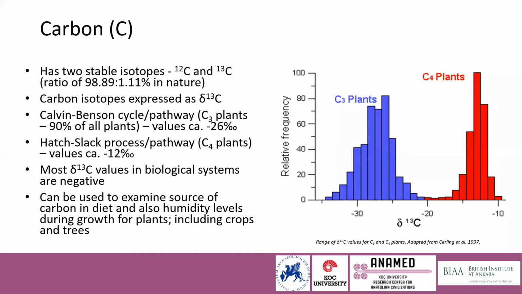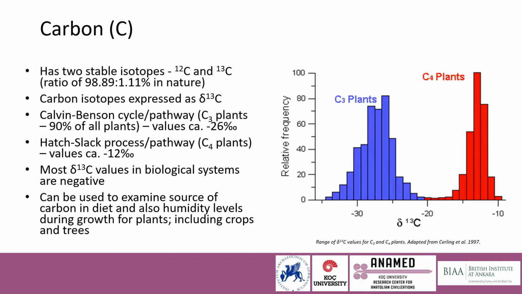Carbon is very useful because you can use it to distinguish between C3 and C4 plants, because they have almost unique distinct values. The average of C3 plants is about minus 26 per mil, and these are things like trees and crops such as wheat and barley. Then you have C4 plants, with an average value of around minus 12 per mil.